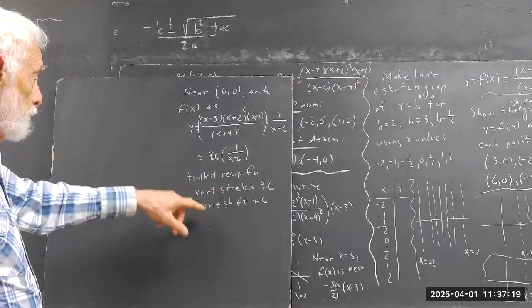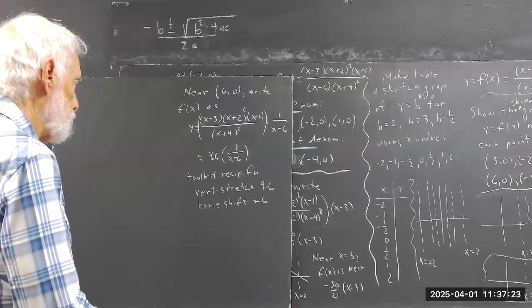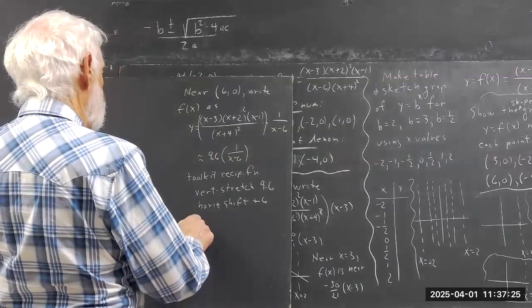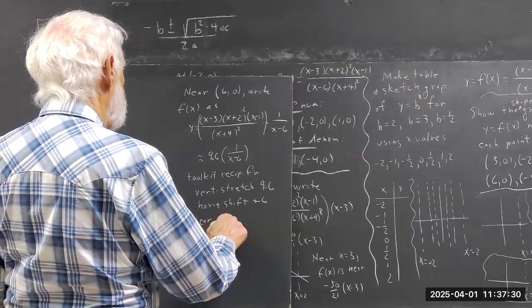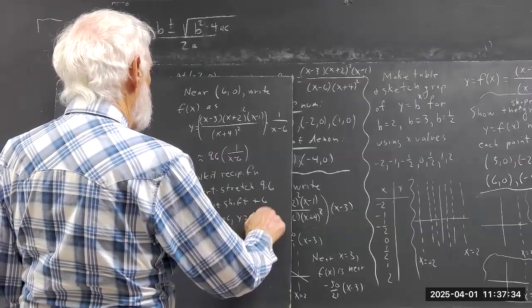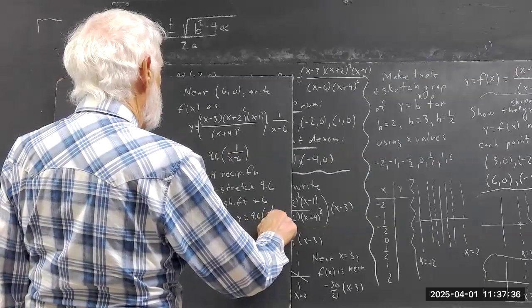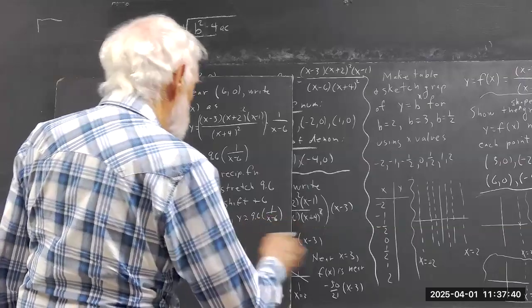it's a toolkit reciprocal function, vertical stretch of 9.6, horizontal shift of plus 6. You might not understand it, but it's important to write out what I just wrote out there.